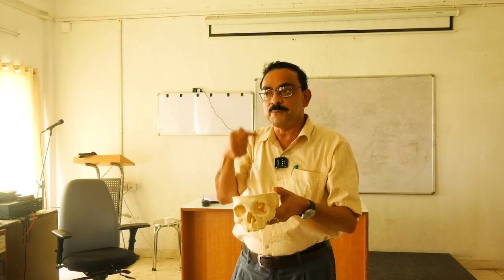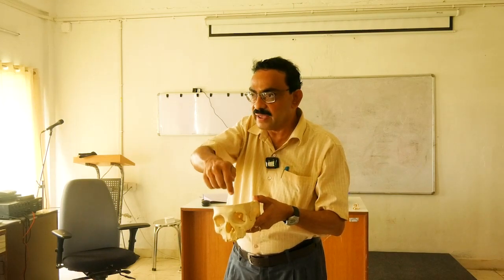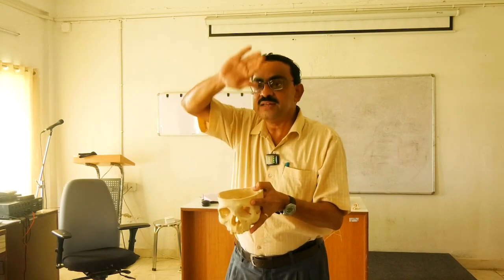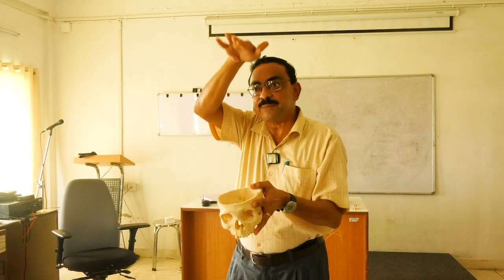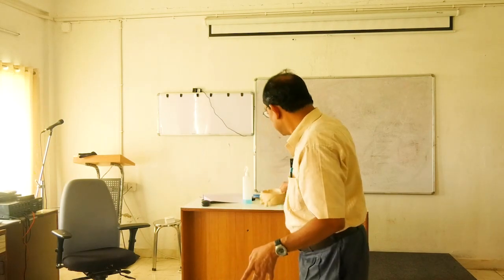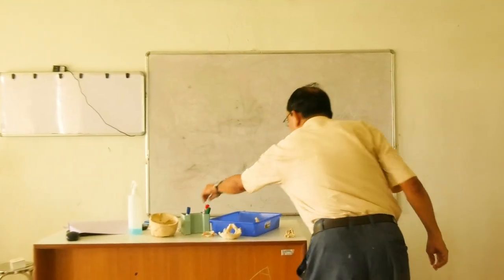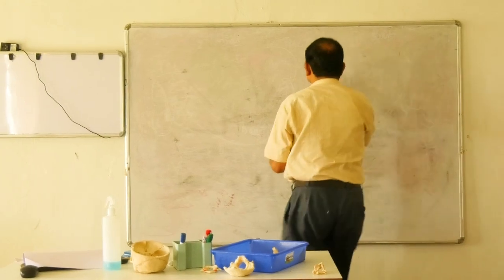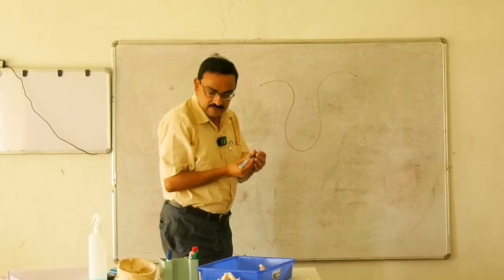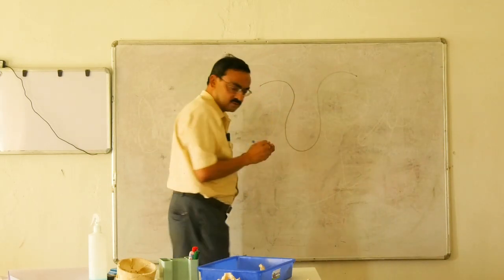One is coming upwards like this, and one goes like this, and in between there is the falx cerebri, within the dural covering. One venous sinus is above and one is below.